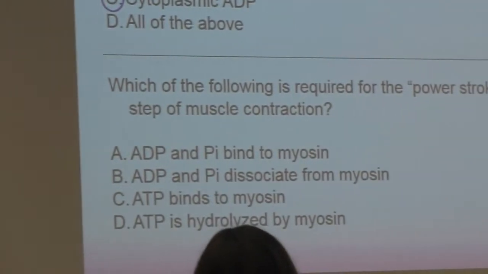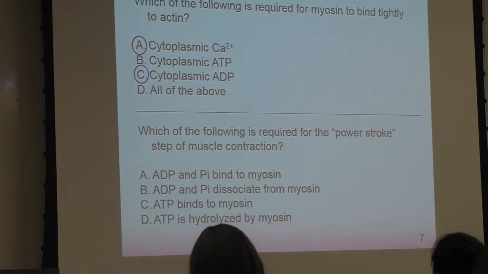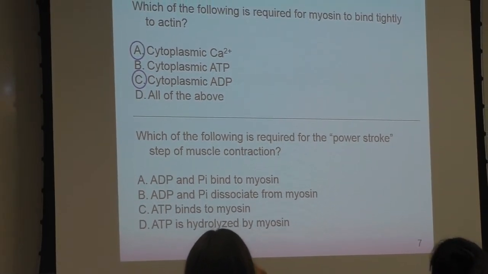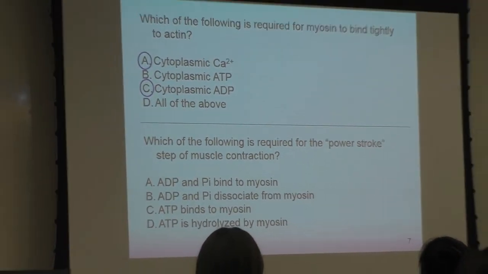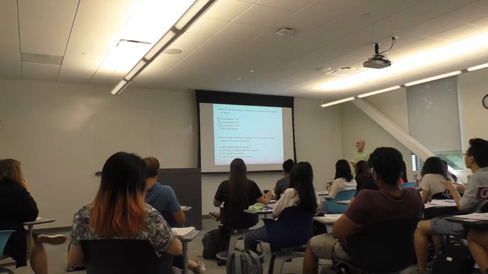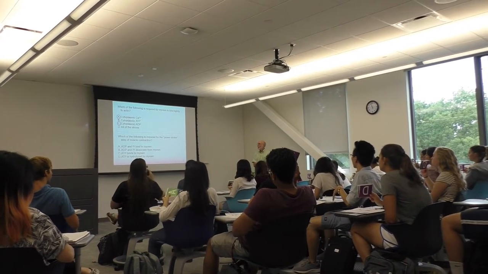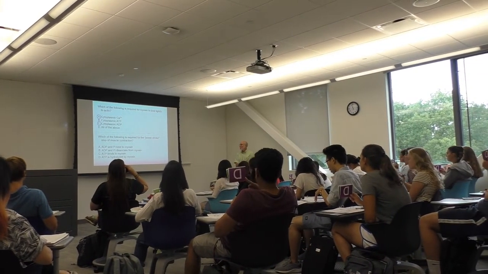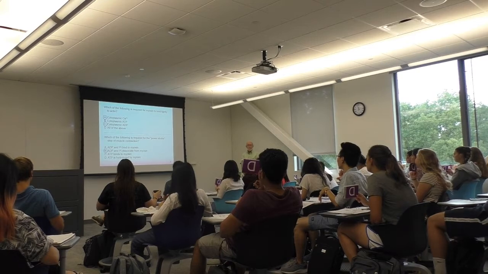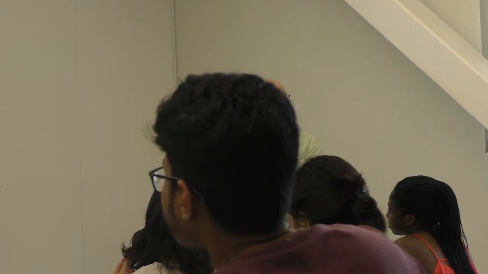Which of the following is required for the power stroke? Best answer is E. The unbinding of ADP and phosphate is what triggers the power stroke.